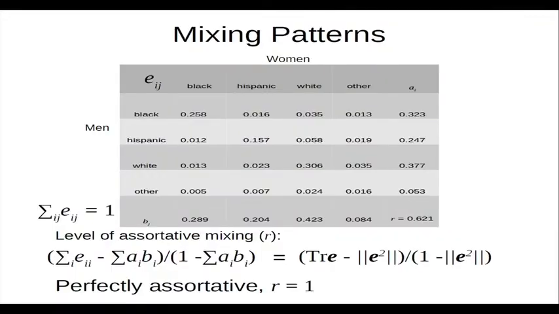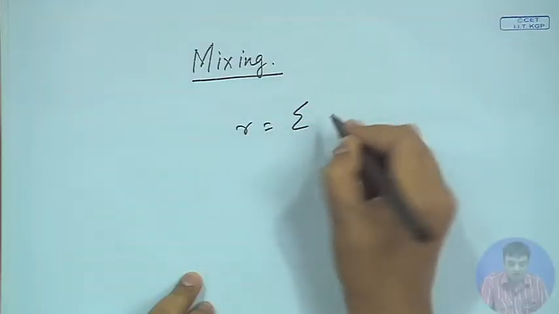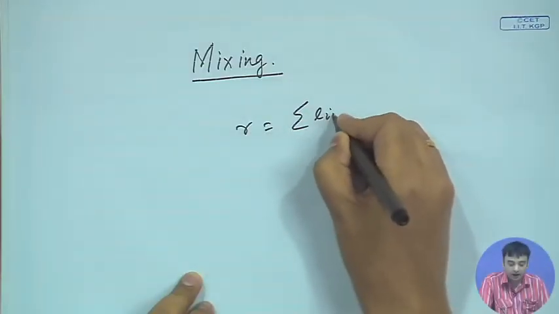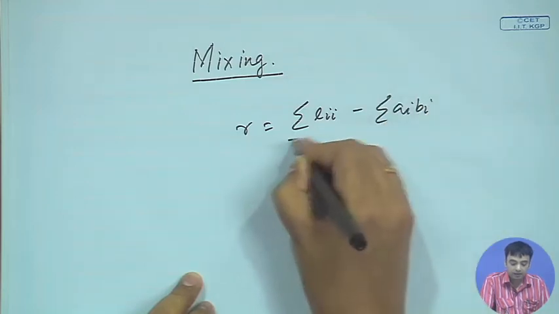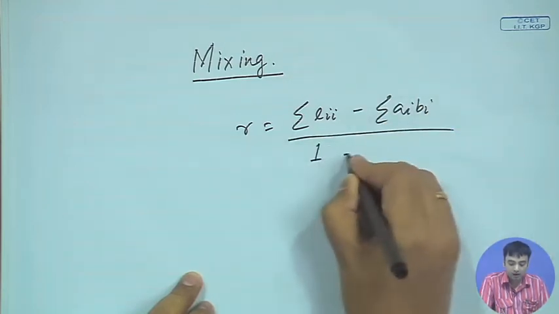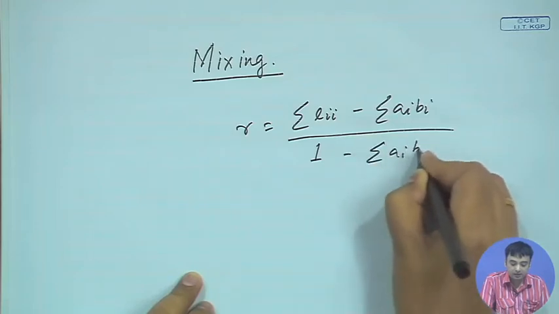If it is a perfectly assortative network, then the mixing coefficient will be 1, because in such a case R is equal to sum of e_ii minus sum of a_i b_i, divided by 1 minus sum of a_i b_i.